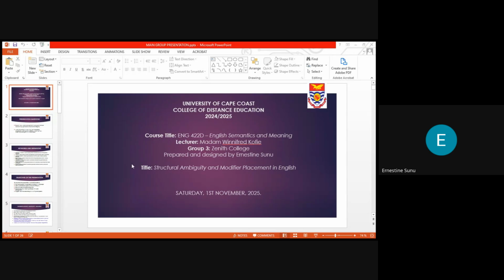No, I'm trying to move to the next slide and it's not moving. Okay. If it's not moving, you can minimize this interface and then go to the size. You can move it from there.